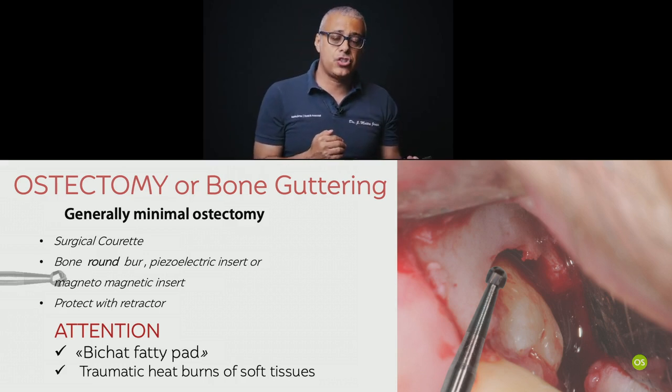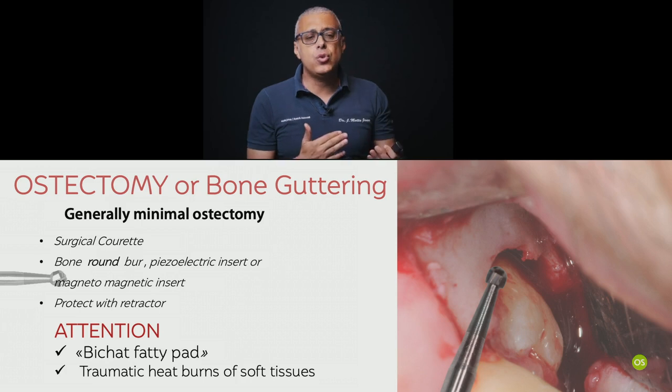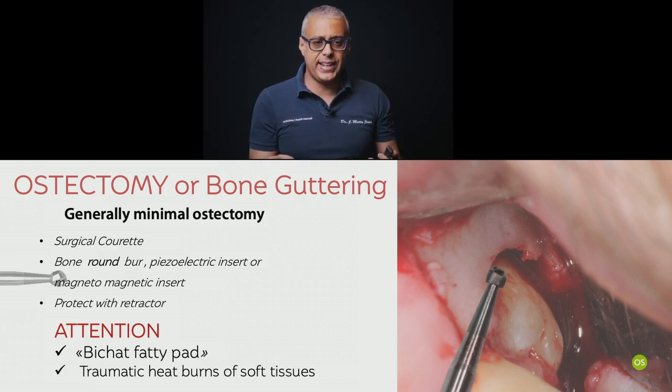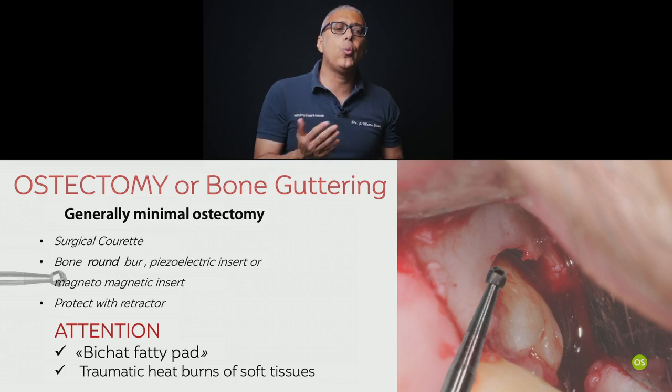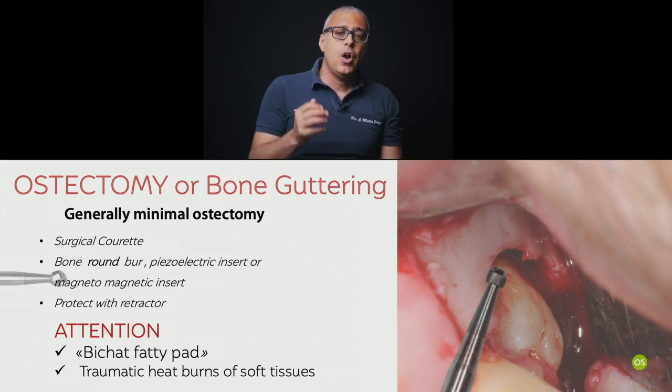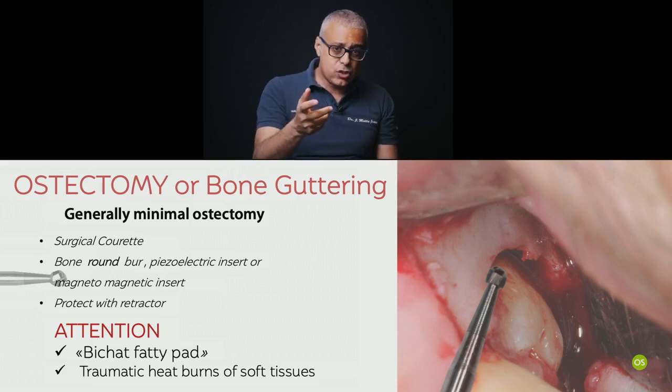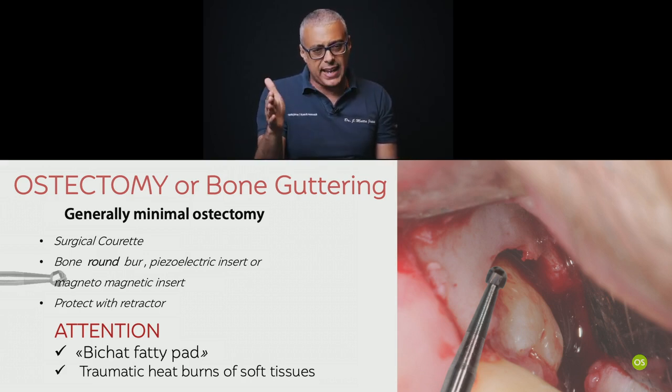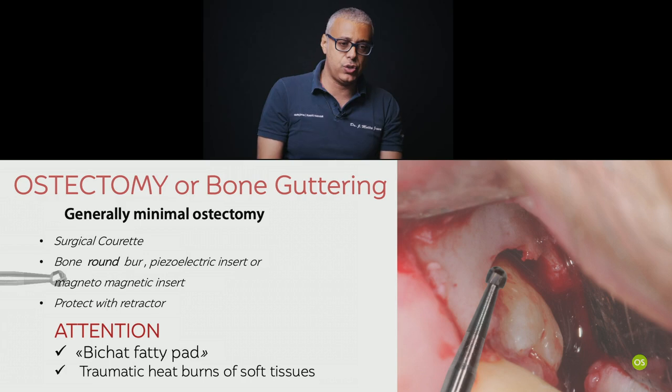We can use surgical curettes, round bars on a straight handpiece, piezoelectric inserts, or magnetic technology. If we use rotating instruments, we have to protect the soft tissues buccally in order to avoid any injury of the soft tissue.